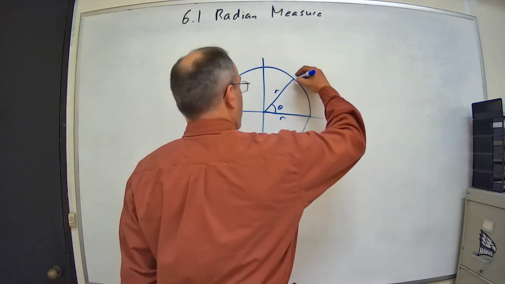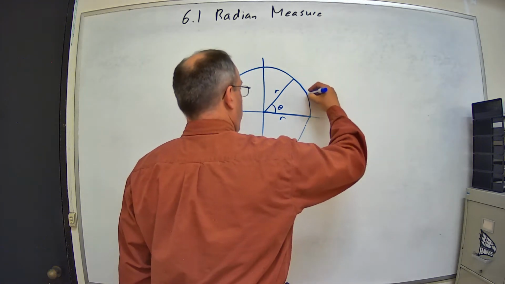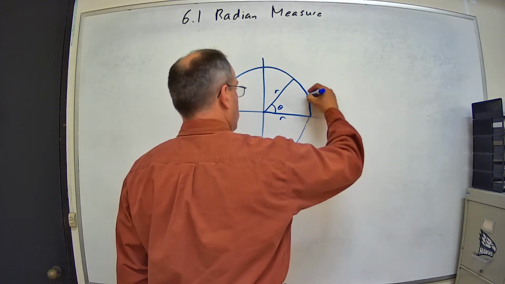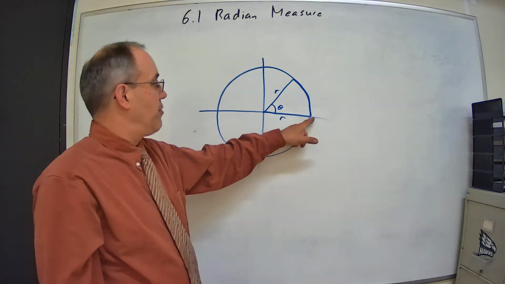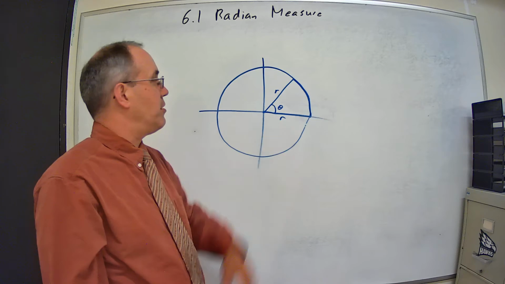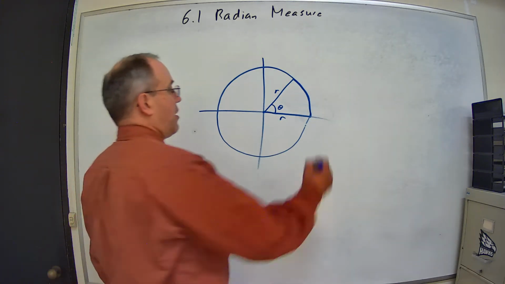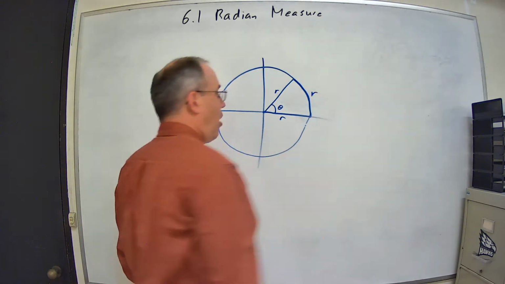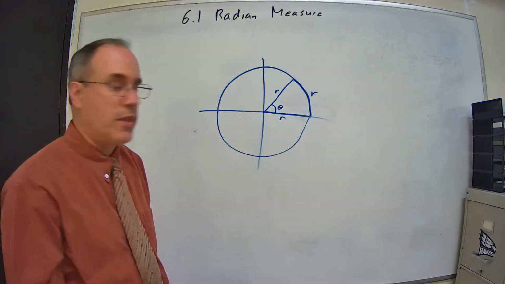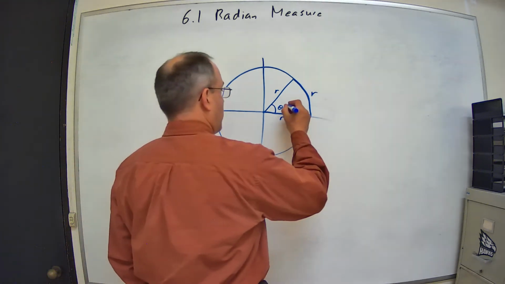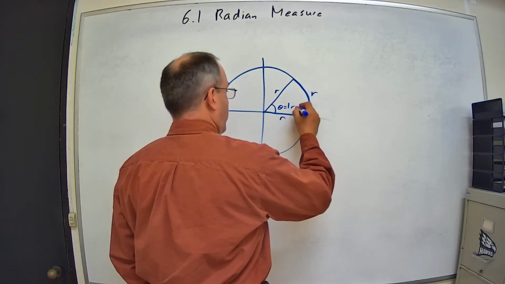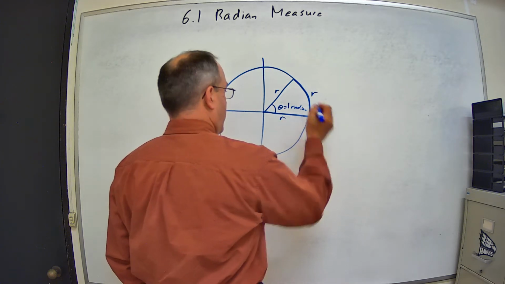And if this arc from here to here has the same length r, then the measure of this angle is 1 radian.